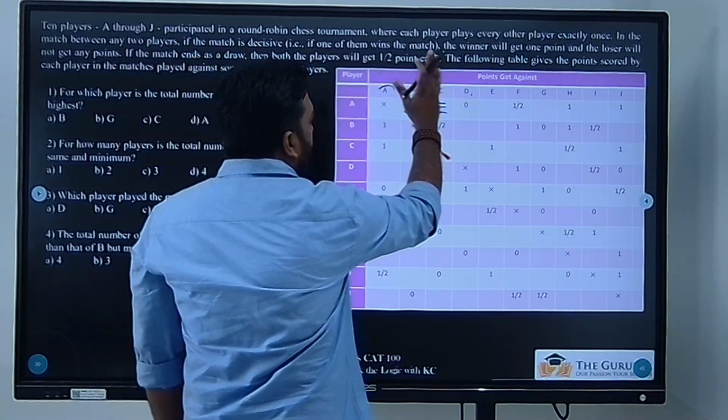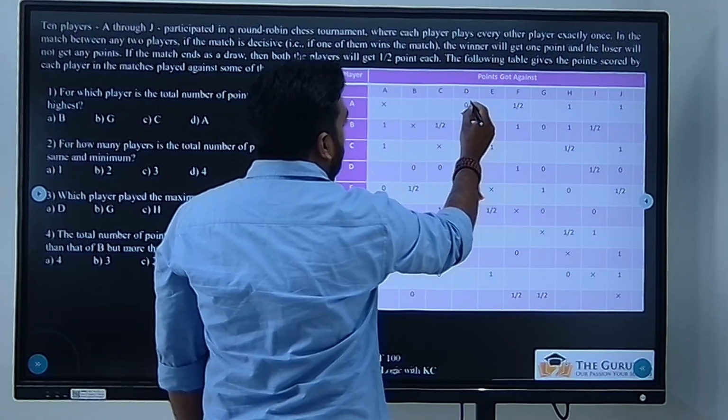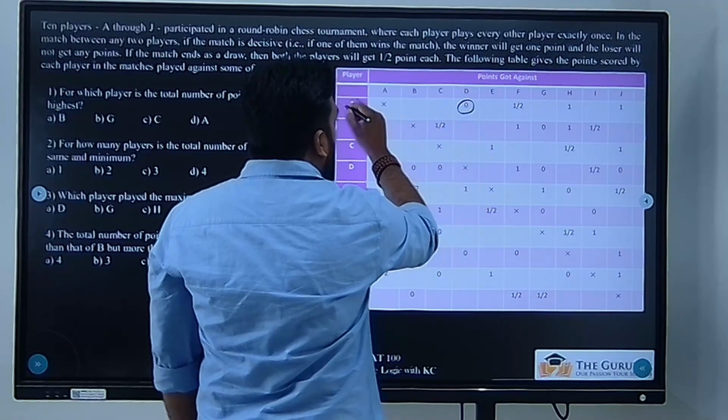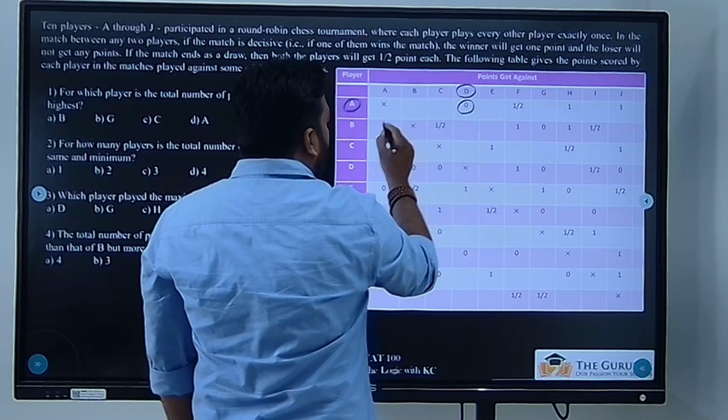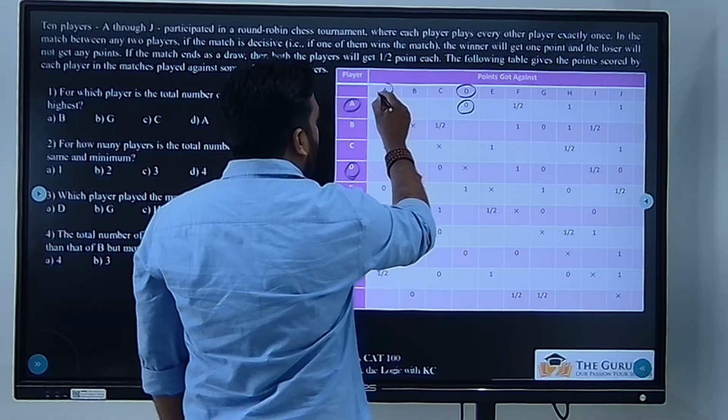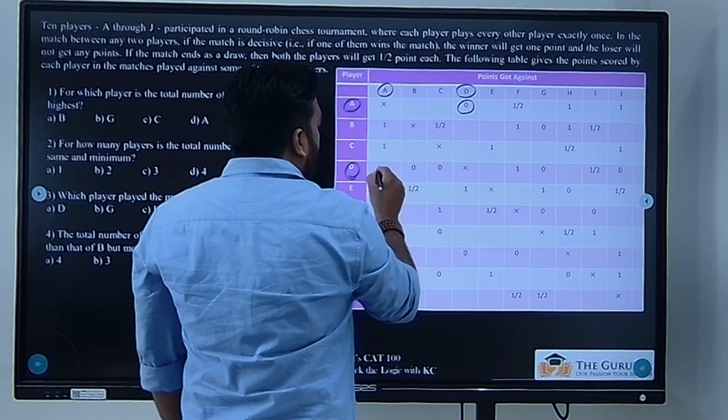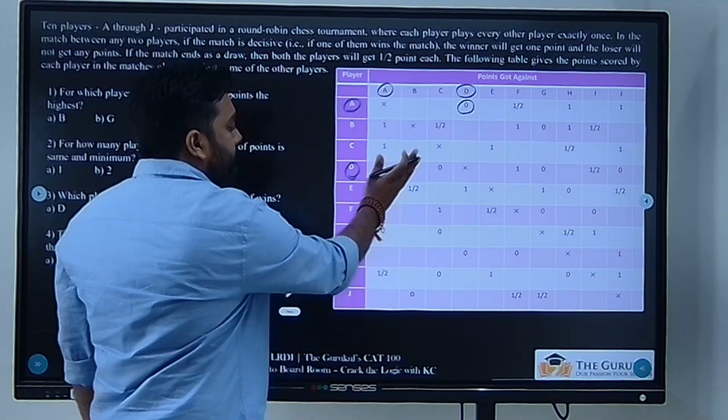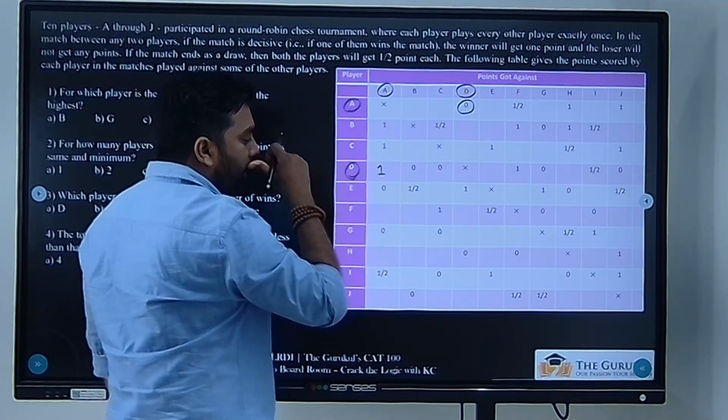Perfect. If A lost the match with D in the A and D match, can I say if the match is happening between D and A, D should win and get 1 point?